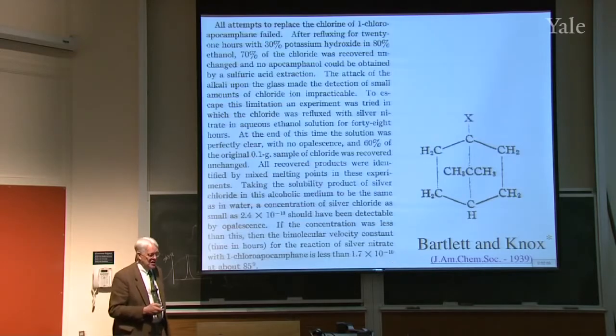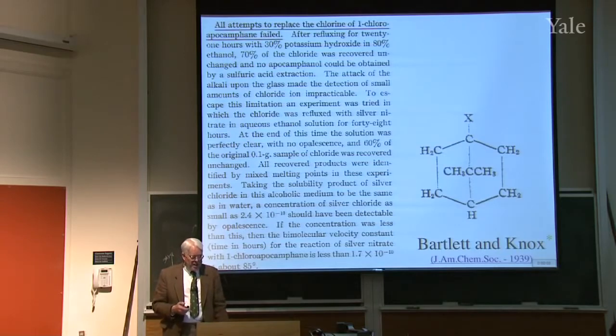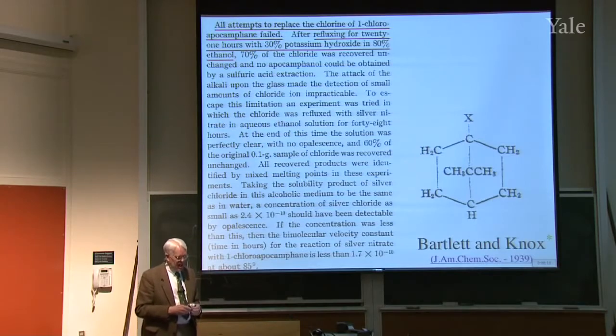So how reactive is it? Well, here's the part of the paper that discusses that. It says, all attempts to replace the chlorine failed. You can't do displacement on this bridgehead chloride. They refluxed it for 21 hours with 30% potassium hydroxide and 80% ethanol, and they didn't get any reaction.